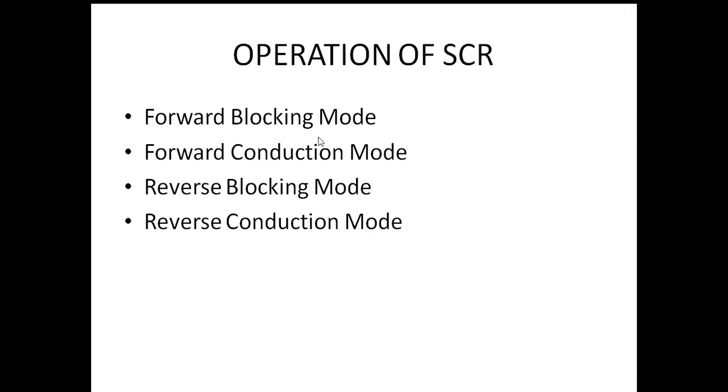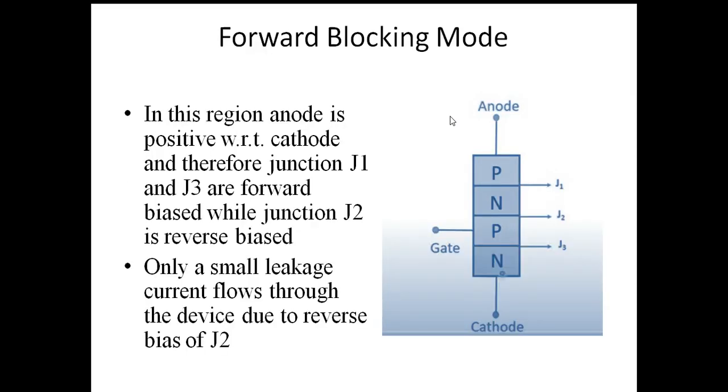In forward we have forward blocking mode and forward conduction mode, and in reverse we have reverse blocking mode and reverse conduction mode. How the SCR operates in these four modes gives the V-I characteristics, with which we can draw the V-I characteristics of the SCR. So initially, the forward blocking mode.